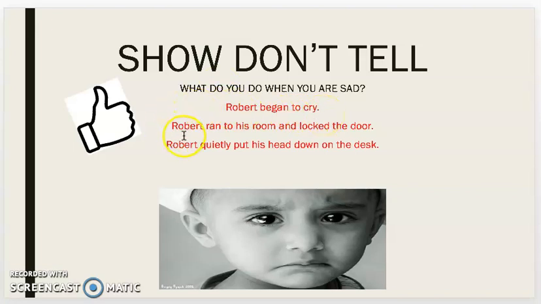I can also say Robert ran to his room and locked the door. I can also say Robert quietly put his head down on the desk. These three sentences are me showing my reader how my character Robert feels. And we did this just by using the question, what do you do when you are sad?